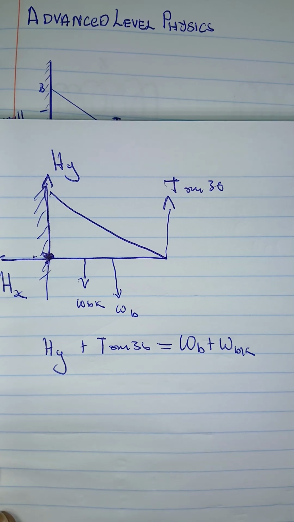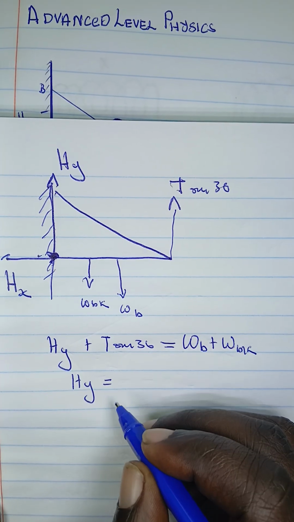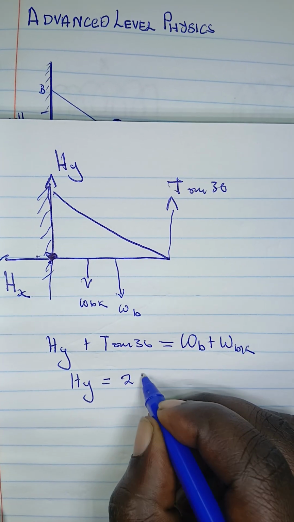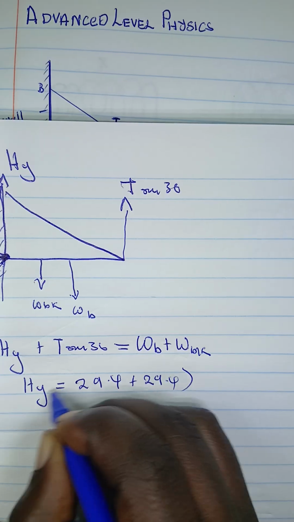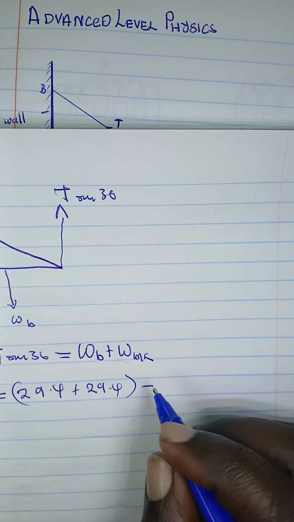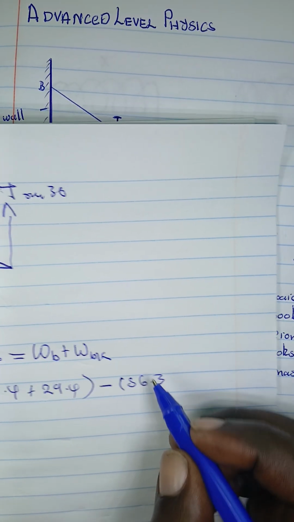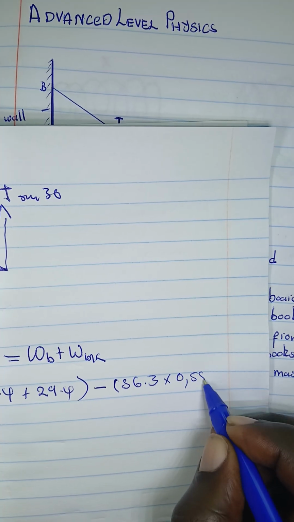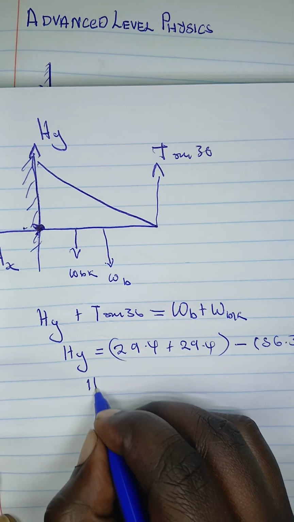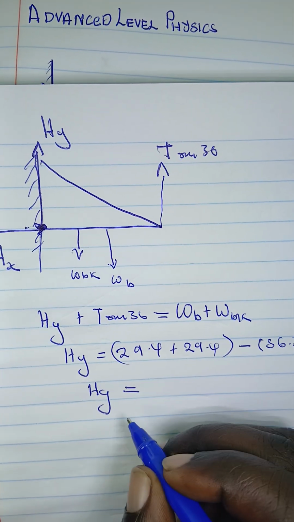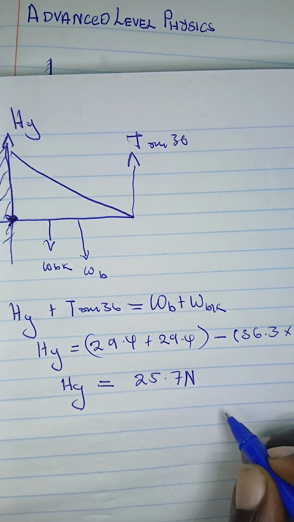Substituting, HY is equal to 29.4 plus 29.4 minus 56.3 multiplied by 0.587. So HY is equal to 25.7 newtons upwards.